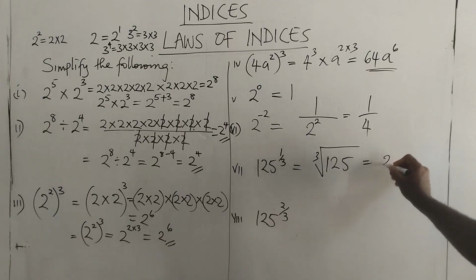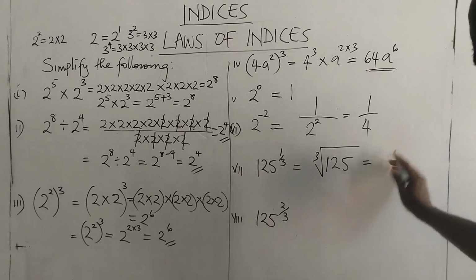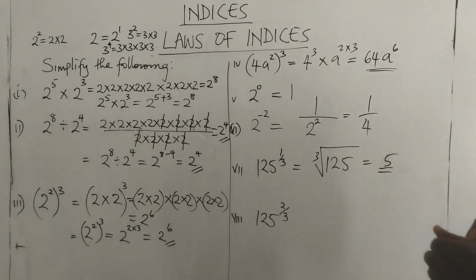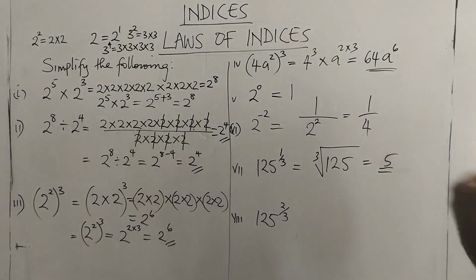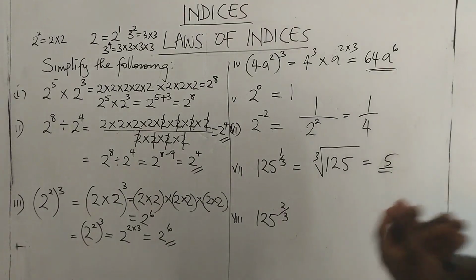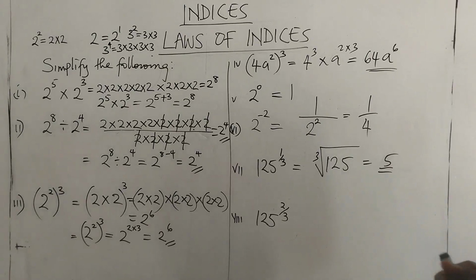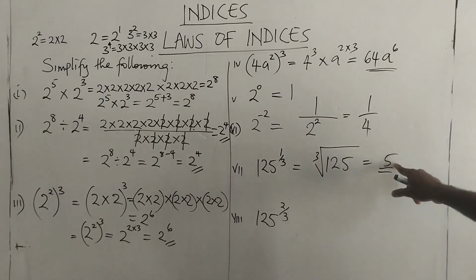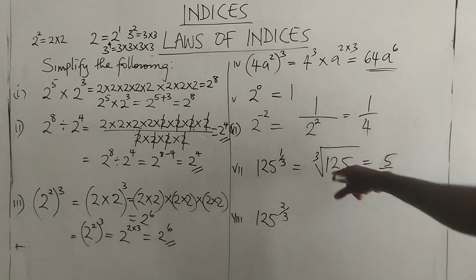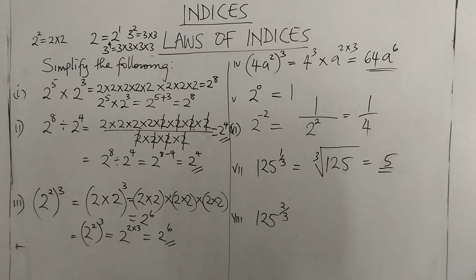And that gives you 5. That is, cube root of any number is getting a whole number that can multiply itself 3 times to give you the number in question. So it's only 5 that can multiply itself 3 times to give you 125.